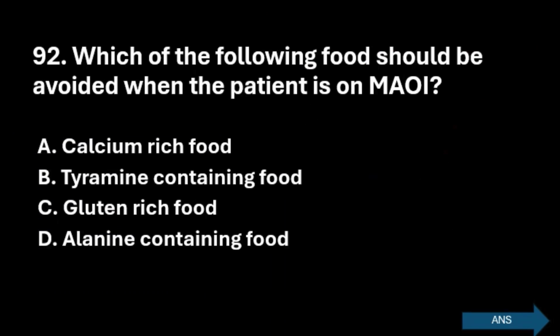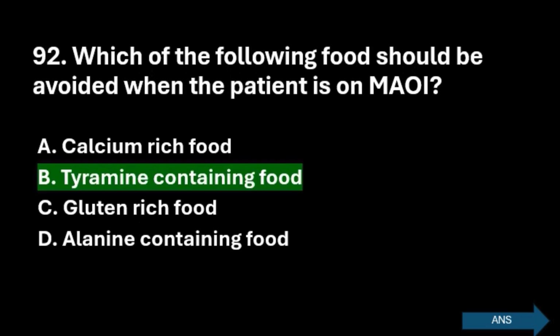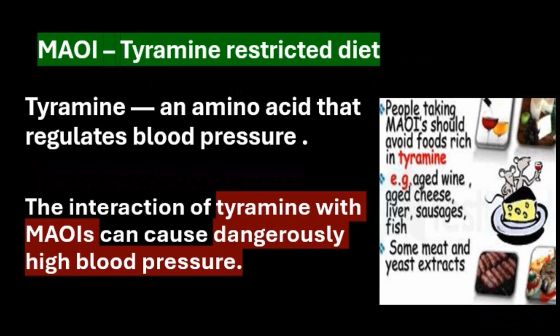Next question. Which of the following foods should be avoided when the patient is on MAOI, monoamine oxidase inhibitor kind of drugs? Option A, calcium rich food. Option B, tyramine containing food. Option C, gluten rich food. And option D, alanine containing food. The right answer here is option B, tyramine containing food.